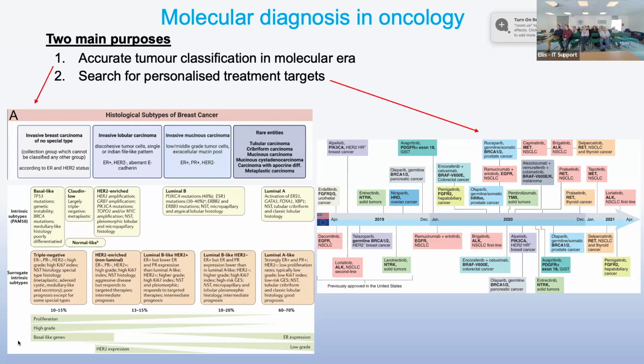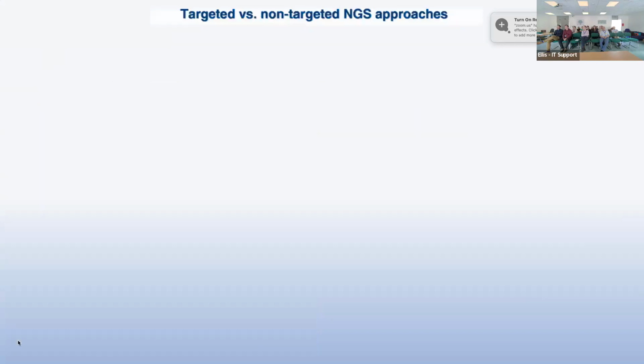This is a timeline of approval of various different types of drugs, and they basically target molecular abnormalities, be that point mutations in genes, or in other cases things like homologous recombination deficiency, a general sort of DNA scar signature that you can target. These are important treatment targets irrespective of the diagnosis. So for those two reasons, molecular testing is booming.